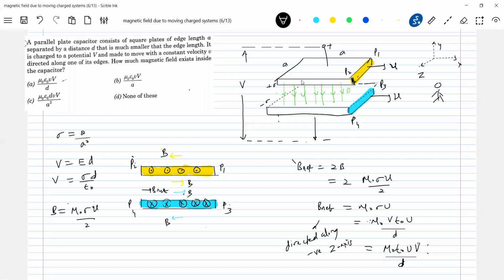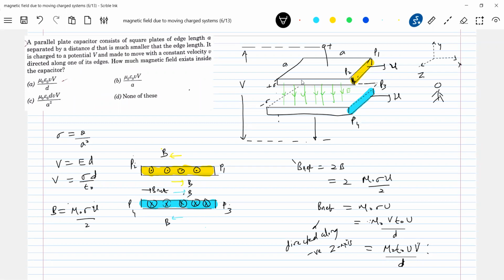Any moving capacitor, the effect of this magnetic field should also be taken. There can be problems where the capacitor is moved. You have to bring the magnetic field into the picture. Things are a little bit complicated practically. It's not that easy.